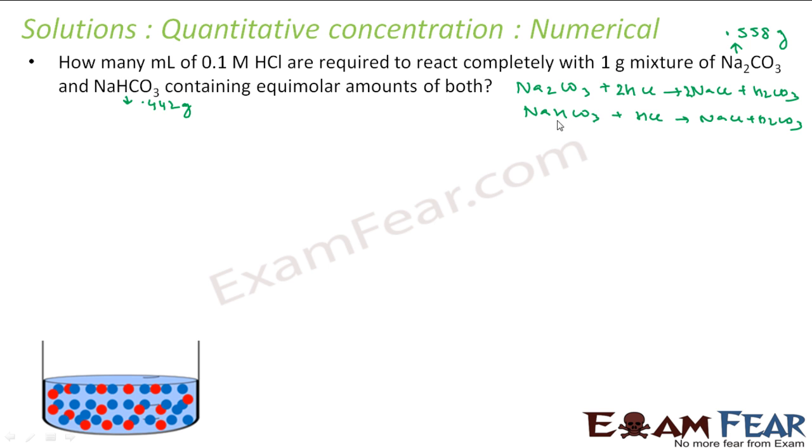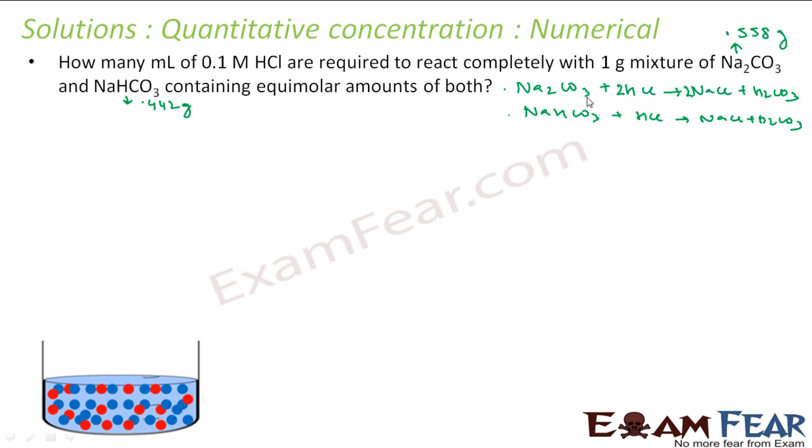So if you take 1 mole of Na2CO3, I need 2 moles of HCl. Anyway, they are equimolar, right? So the number of moles of NaHCO3 and Na2CO3 is the same, given. This is equal to this number of moles.